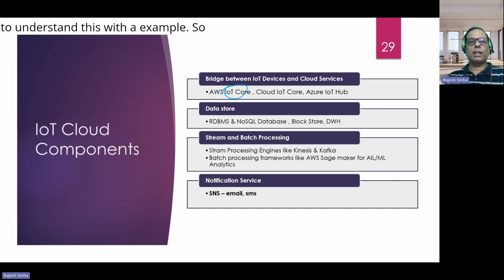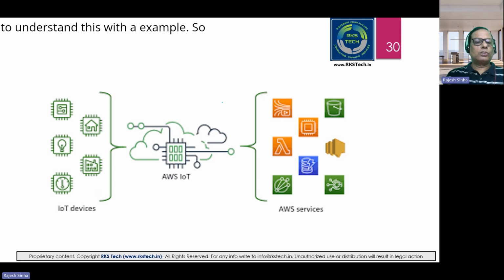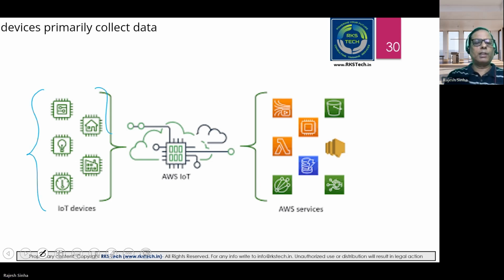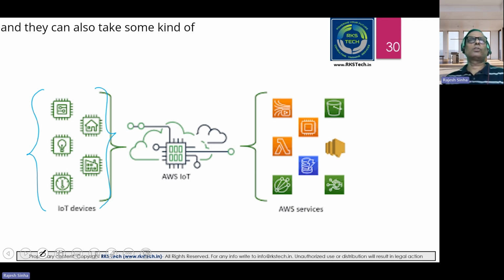Let's try to understand this with an example. On one side, you have IoT devices. These devices primarily collect data, and they can also take some kind of action depending upon the command from the command center. And then on the cloud side, we have many different kinds of services. We have databases, NoSQL databases.